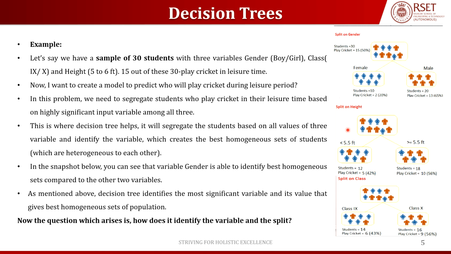Later it can still use height or class for further splits, but the first step is to choose the variable that reduces the mixture the most. And that leads us to the biggest question that is written here at the bottom. How does the decision tree actually decide which variable and which split to use? So that is what we are going to explore in the coming slides.